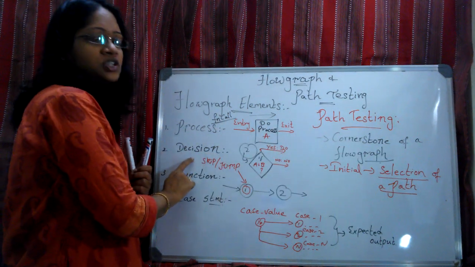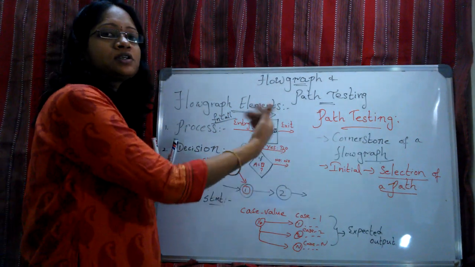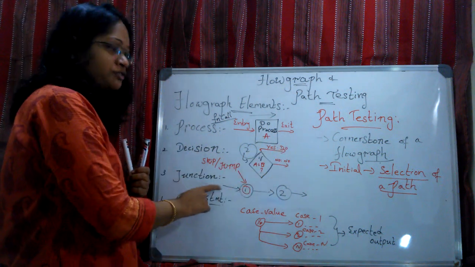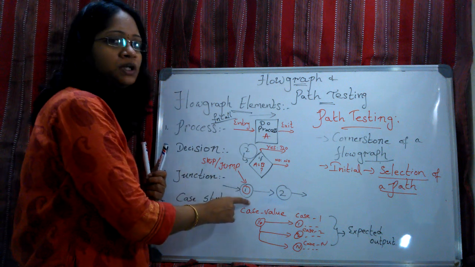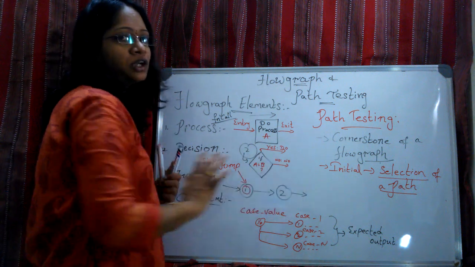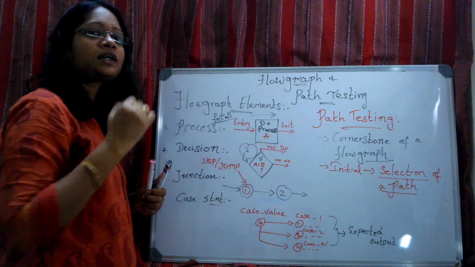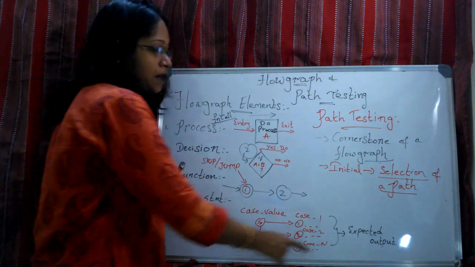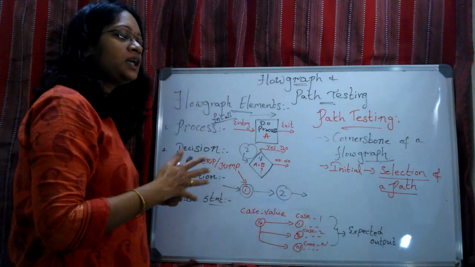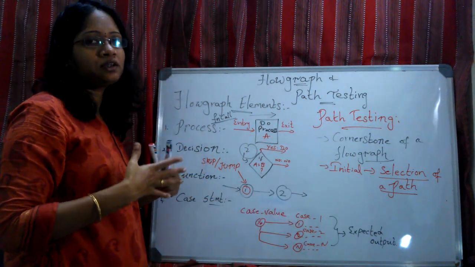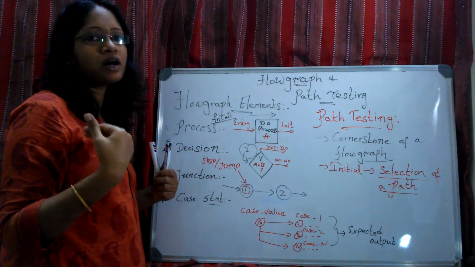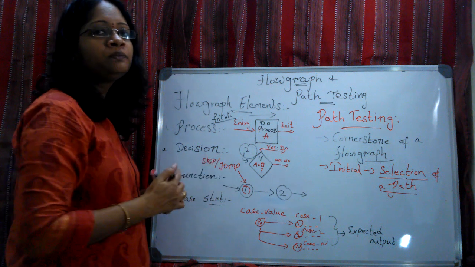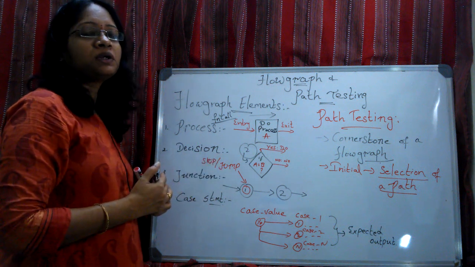In the case of decision, we can't say whether we will get the expected or unexpected output. In the case of junctions, some interruptions will happen and we cannot say whether we will get the correct expected output. But in the case of case statements, we have so many paths, which makes it easier to select and faster. So for the most part we will use the case statement to get our expected path output.